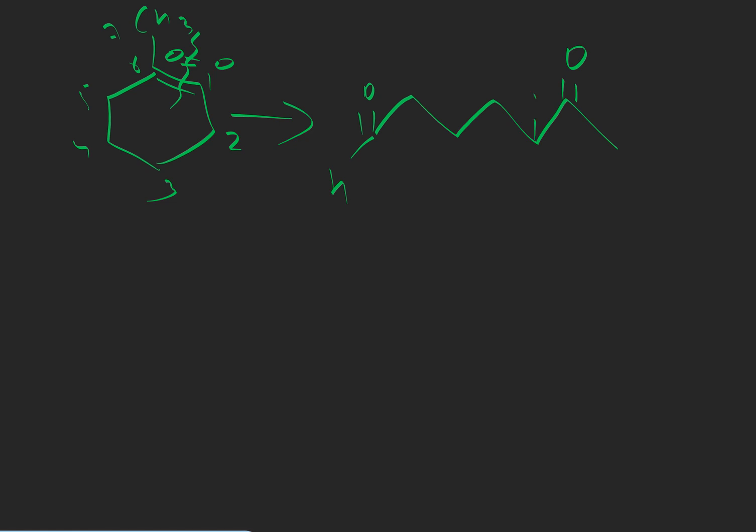Let us take this alpha hydrogen here, and the carbon will attack here. So what will I get? I will get something like double bond O, 1, 2. At the third carbon, this fifth carbon will make a bond, 1, 2, 3, 4, 5.